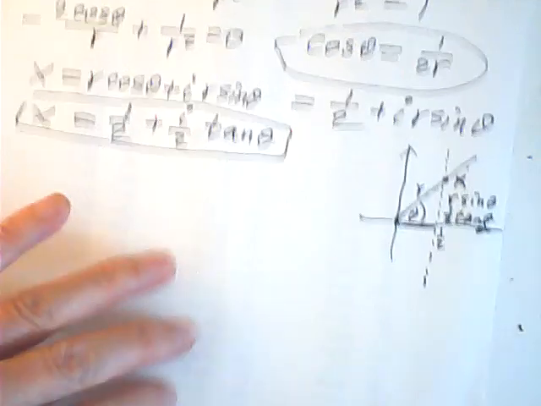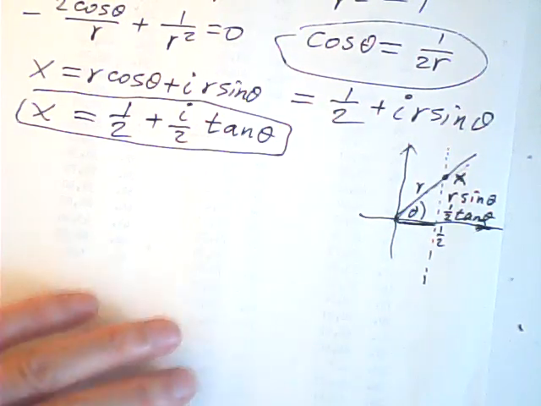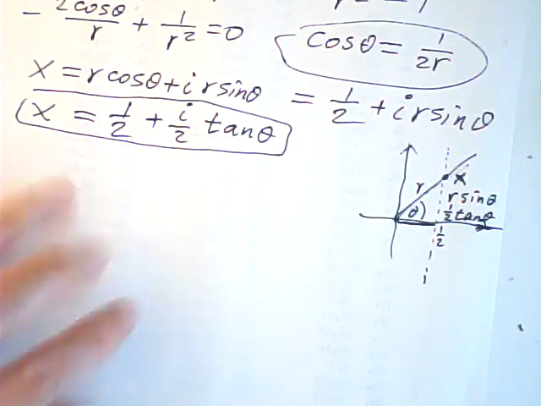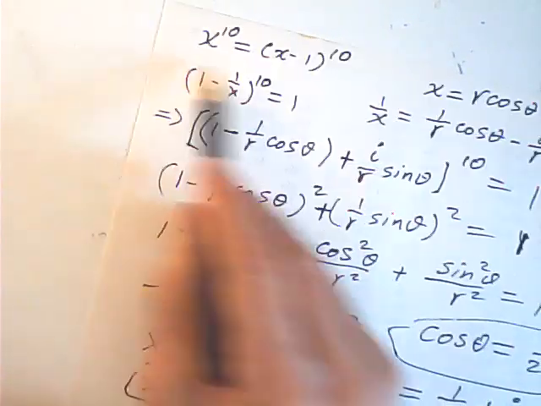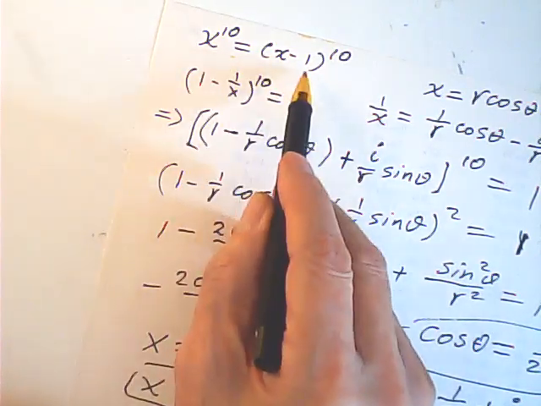So how do we find theta? Yeah, this is another interesting part. From this equation, we have two complex numbers.